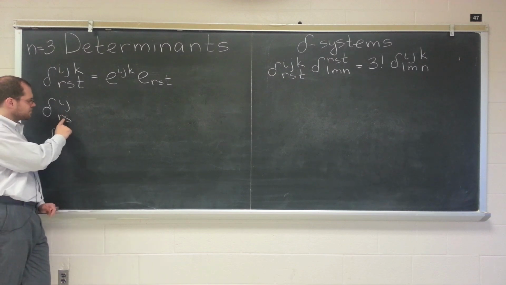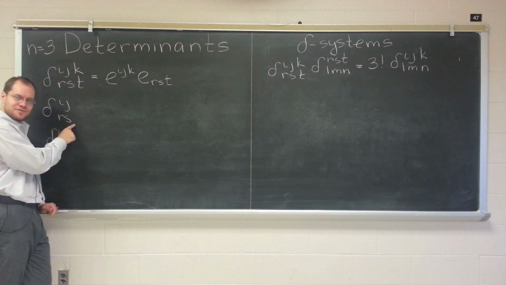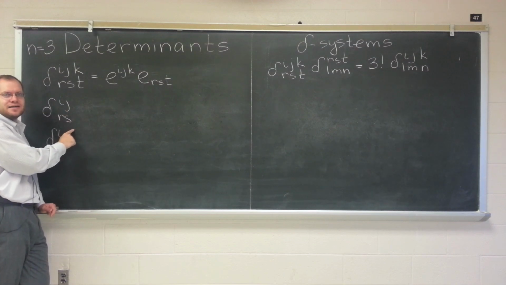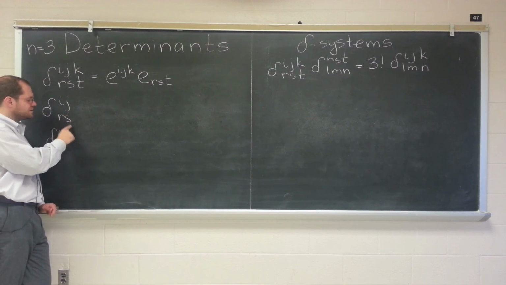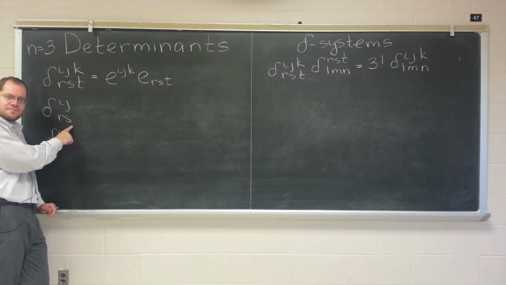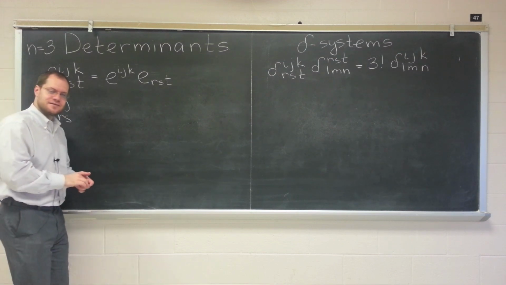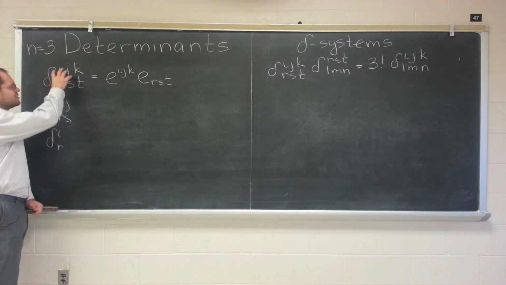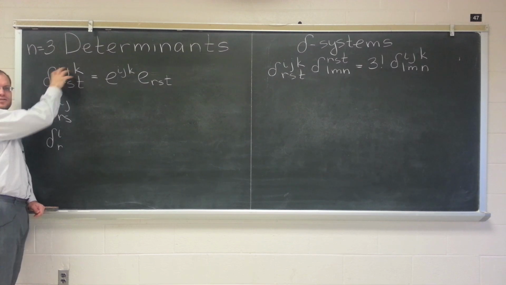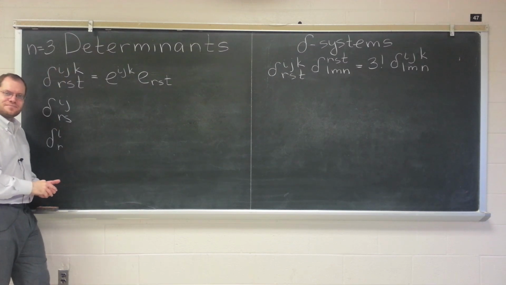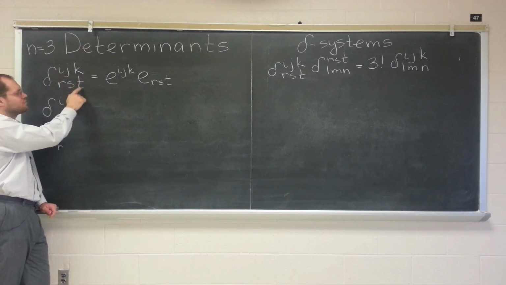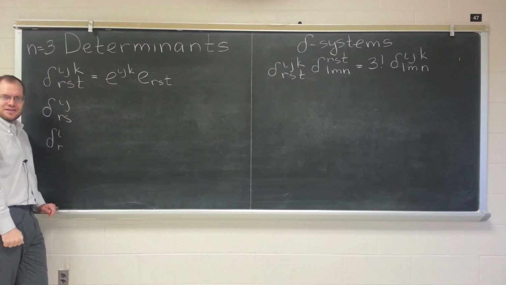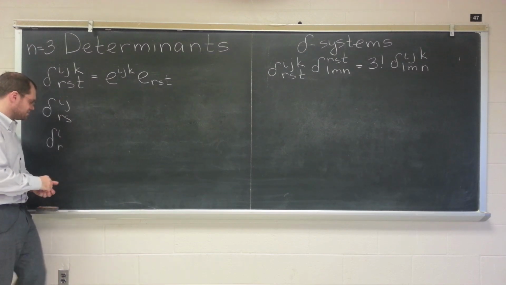So it's 1 if this is a permutation and this is a permutation. They are permutations of identical sets of numbers, and the permutations have the same sign. It's -1 if the signs are opposite, and it's 0 in all other cases. So, of course, this definition applies to this Kronecker delta as well, except if they're both permutations, then they're necessarily permutations of the same numbers, because we only have 3 numbers.